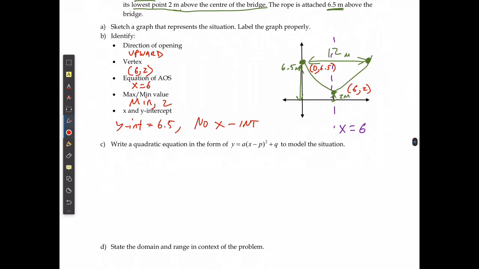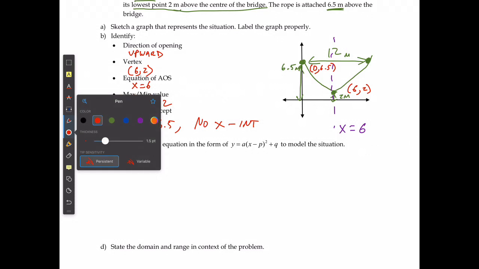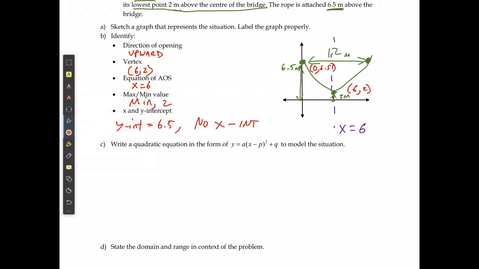If I'm writing a quadratic equation in the form of y is equal to a(x − p)² + q to model the situation, I'm going to do the same thing we did in the last lesson. I'm going to state that my y-intercept is where I can pull the x and y from, and my vertex is going to be my p and q, and then I'm just solving for a.